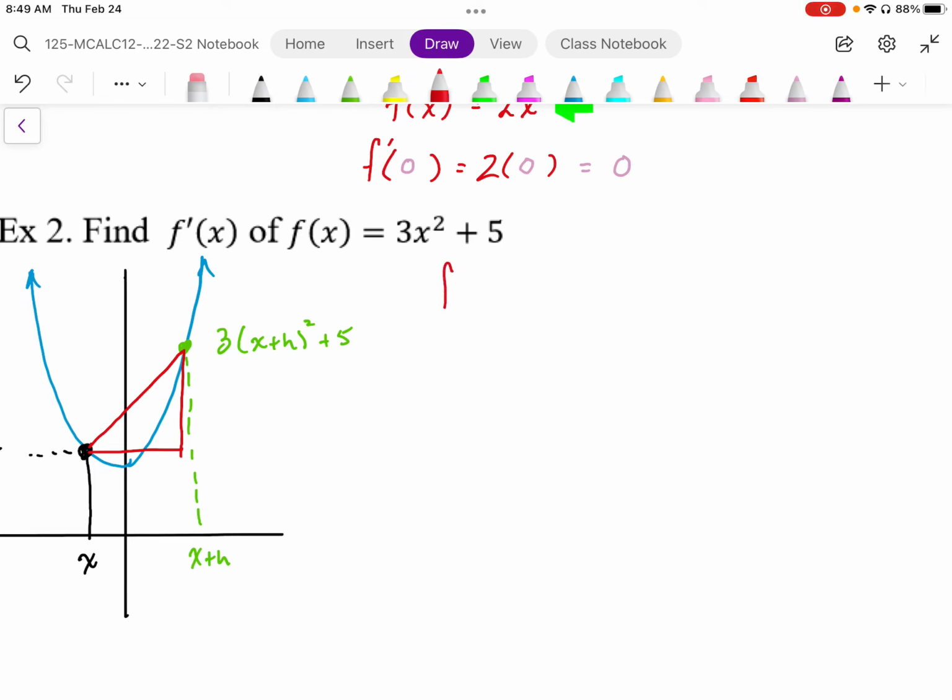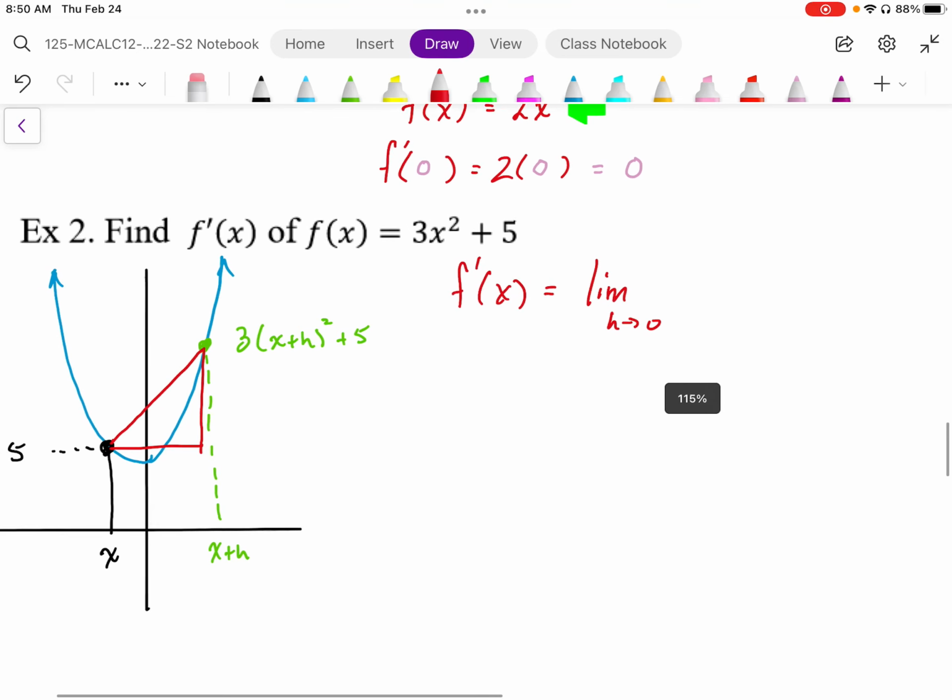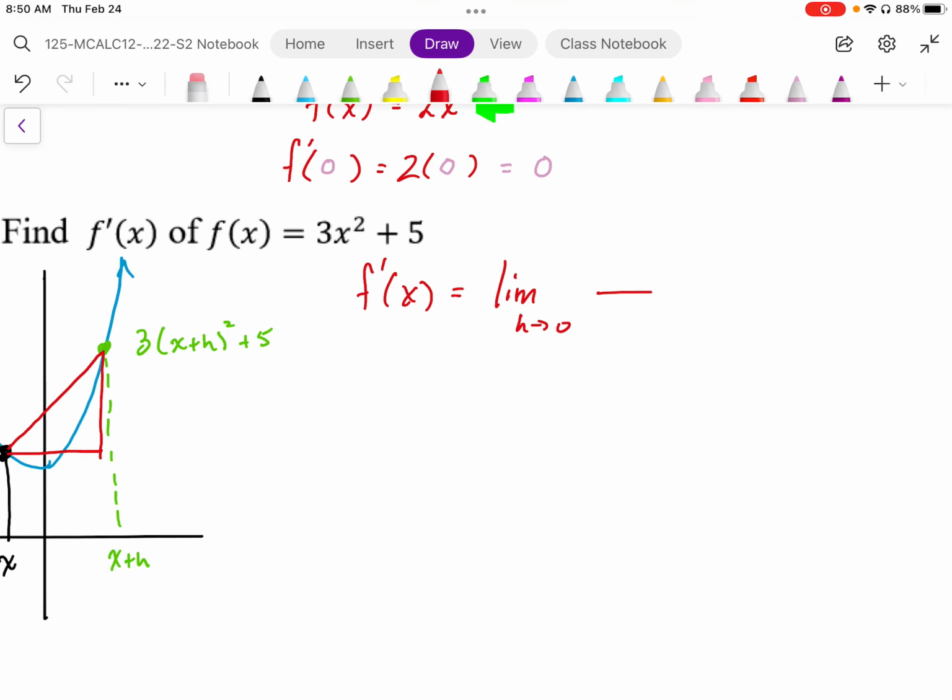So my f prime equation for this graph is going to be equal to the limit as h approaches 0, and I'm going to get the rise between those 2 points. The rise is going to be 3(x plus h) squared plus 5 minus (3x squared plus 5).